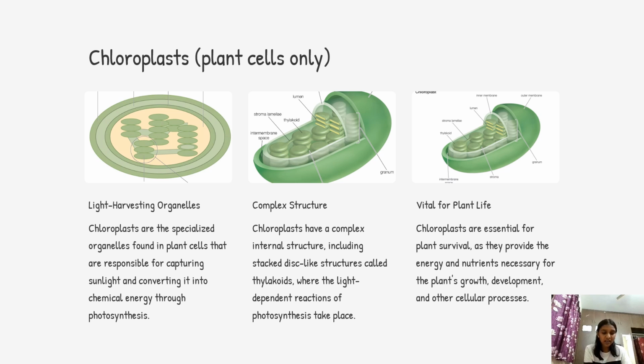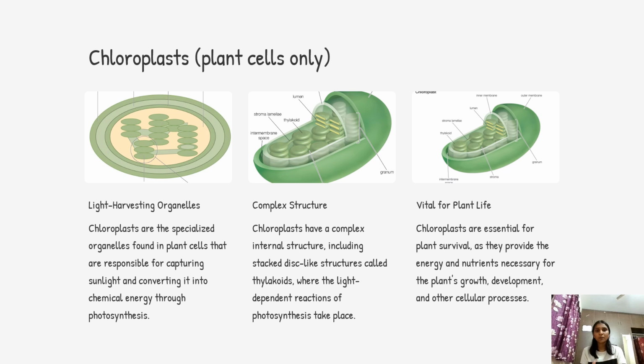Chloroplasts, as well as any other pigment-containing cytoplasmic organelle that enables the harvesting and conversion of light and carbon dioxide into food and energy, are called plastids. They are specialized organelles found only in plant cells that are responsible for capturing sunlight and converting it to chemical energy through photosynthesis.